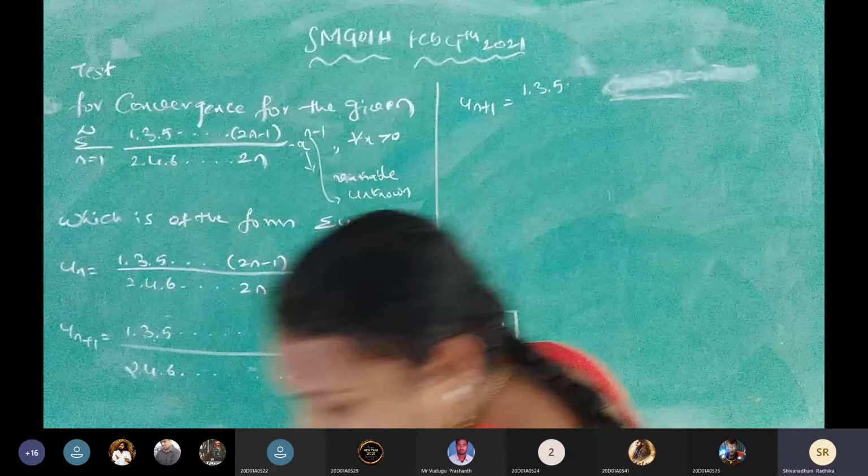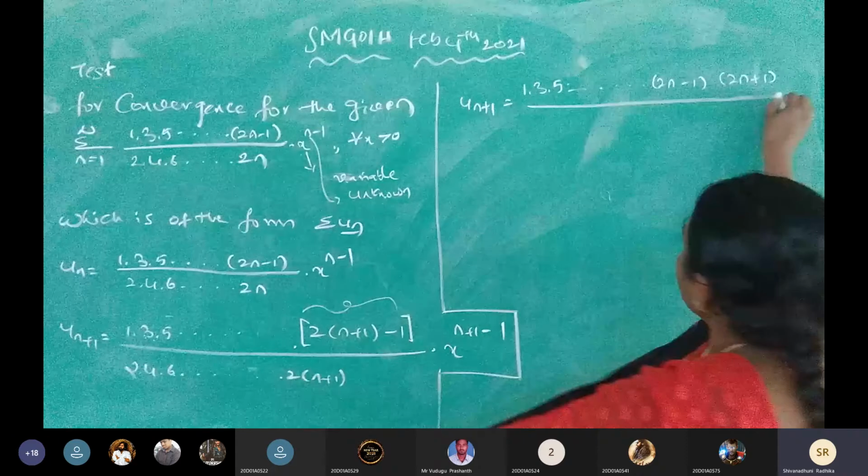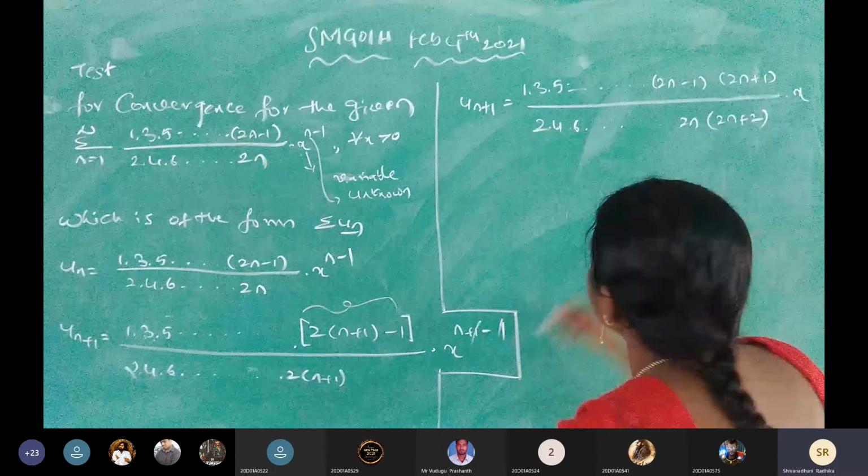So that is here 2n plus 1, and the previous term in un you can write as 2n minus 1, by the denominator 2 into 4 into 6 up to 2n plus 2 and minus 2. The previous term is 2n, and x to the power of 1 gets cancelled, and here it is x to the power of n.